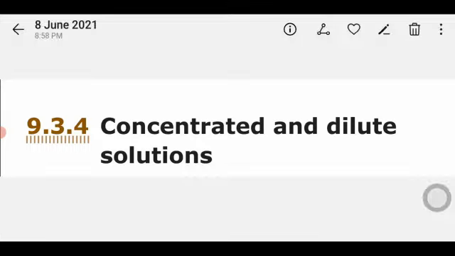So dilute and concentrated solutions represent the amount of solid particles present in a solvent, expressed in an unsaturated solution. That is concentrated solution and dilute solution. What are dilute and concentrated solutions?